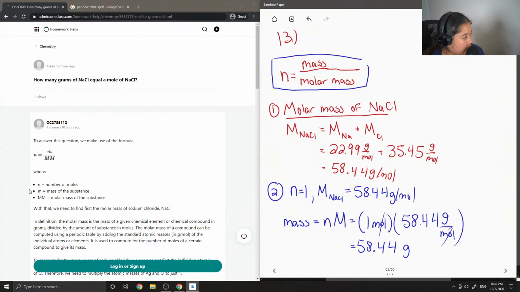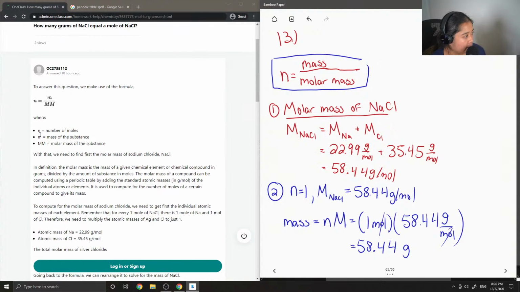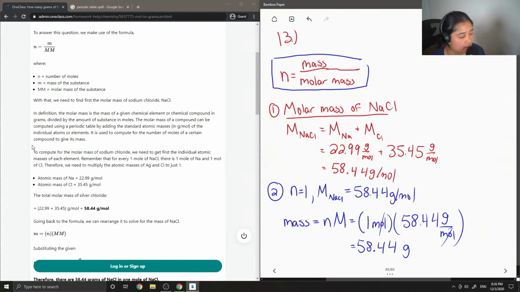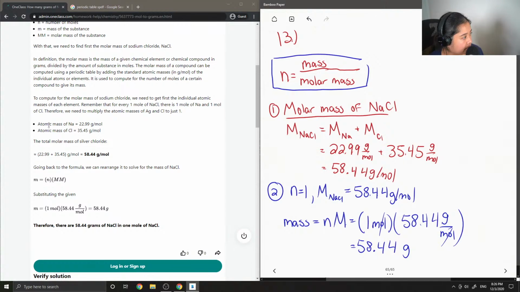So the junior tutor said, to answer this question, we use the formula number of moles is equal to mass over molar mass. In definition, the molar mass is the mass of a given chemical element or chemical compound in grams divided by the amount of substance in moles. So, yep, in grams per mole. 1 mole of each.